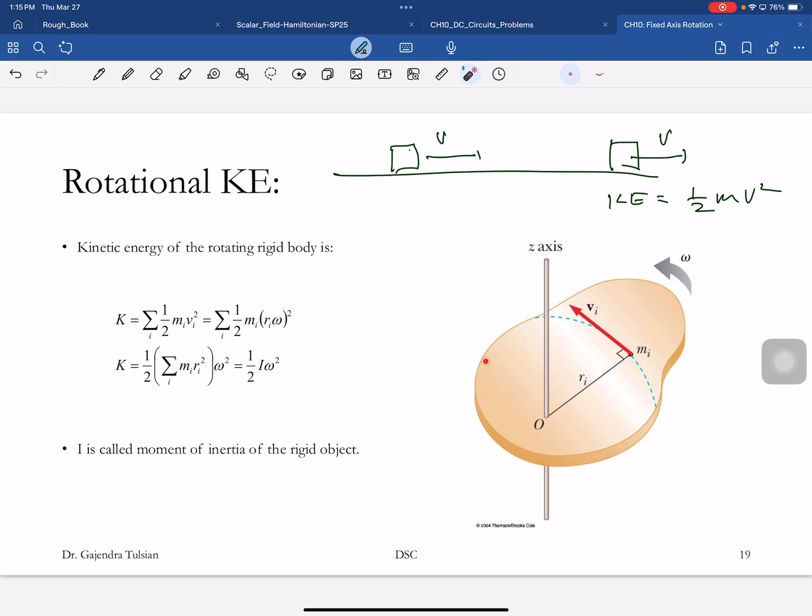Well, when this object is rotating, the problem is the further out you are, the greater your velocity. Every point has a different velocity. So how do we calculate its kinetic energy? You are calculus experts, so you break this into little pieces.